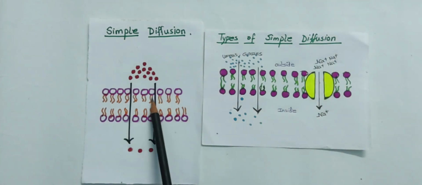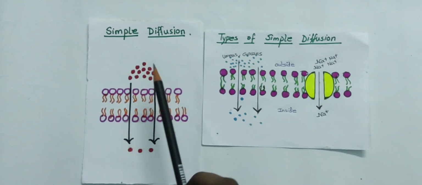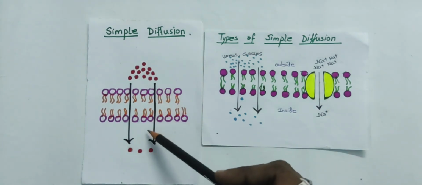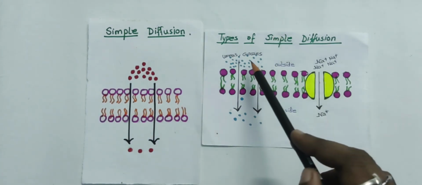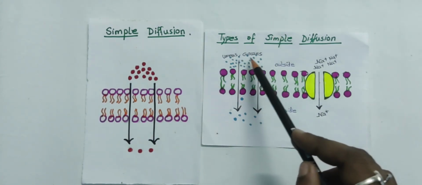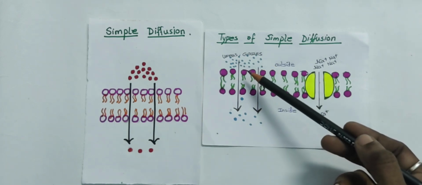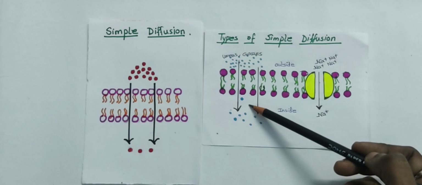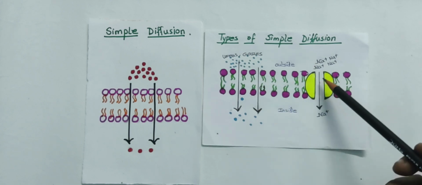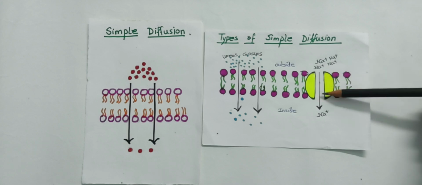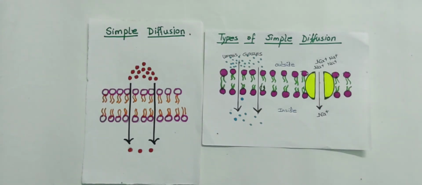So in simple diffusion, molecules travel from higher to lower concentration through the membrane, and it is of two types. One is gases and urea, which cross the membrane down the concentration gradient through the lipid bilayer, and the other is molecules traveling through specific channels. So that is simple diffusion.